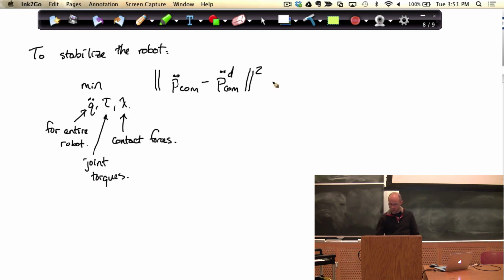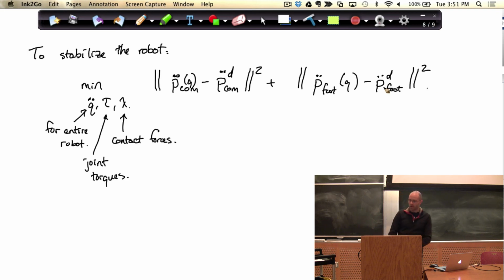Okay. Plus some term that says my foot's going to move in a certain way. Let's say, for instance, the double dot of my foot. Again, this is a function of my whole joint angles. I have some desired trajectory of my foot. This desired trajectory of the center of mass comes from the LQR controller.